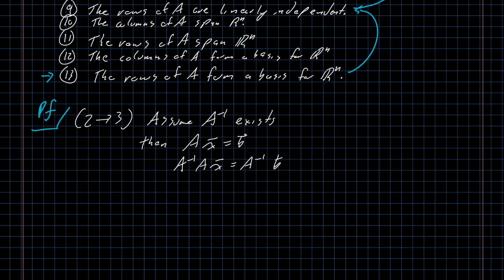And A times A inverse is the identity matrix. And I just solved that system. X is A inverse times B. Whatever vector B is, multiply it by the matrix, you get one result out, and you are good to go.